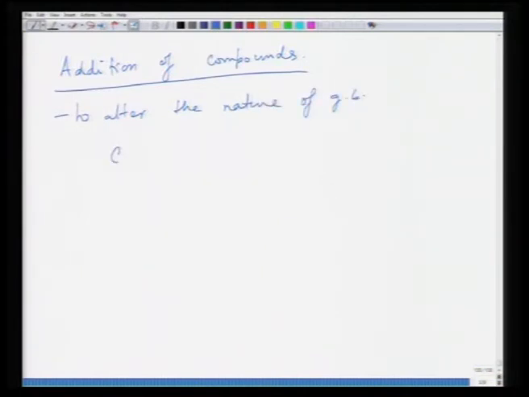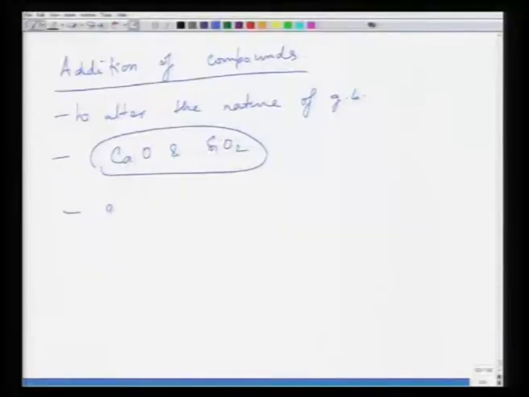If you add compounds like calcium oxide and silica, these preferentially deposit at the grain boundaries, and the silicon and calcium substitution in the ferrite lattice in the regions in the vicinity of the grain boundary increases the insulation of those regions. So it increases the overall resistivity of the material.